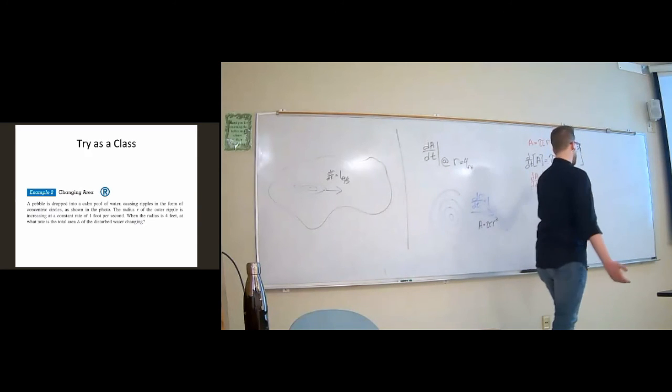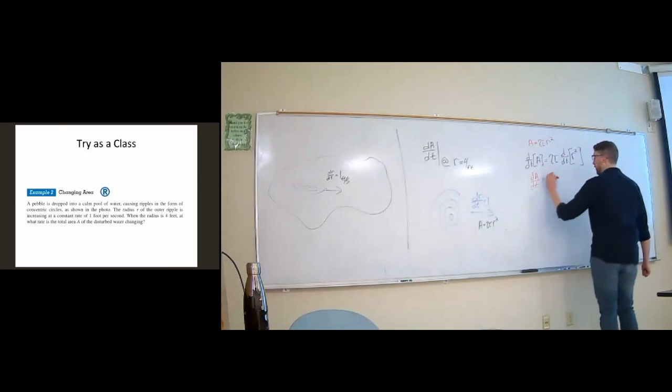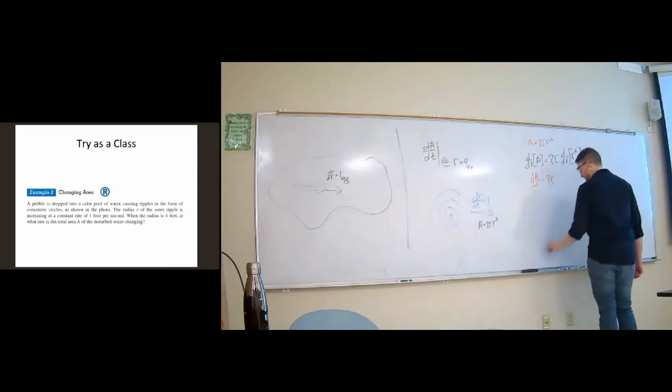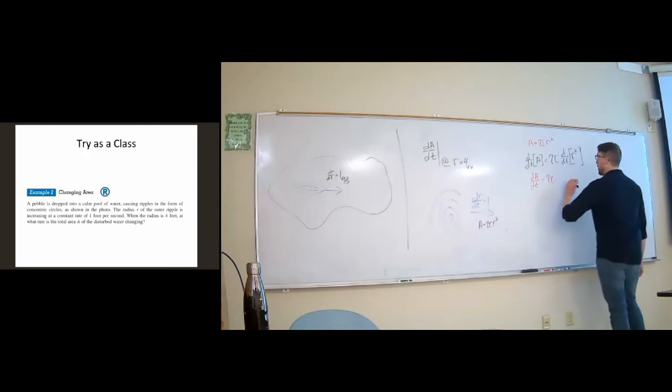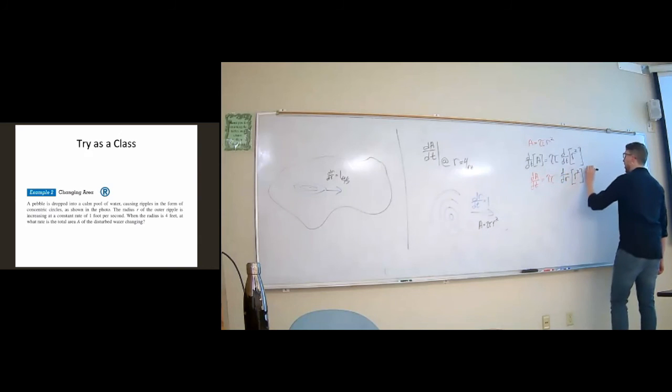Excuse me, or the chain rule, however you want to think of it. So this is going to be pi times d/dr of r squared times dr/dt.